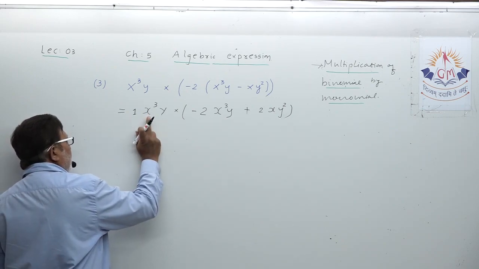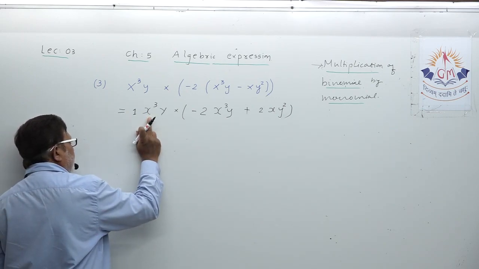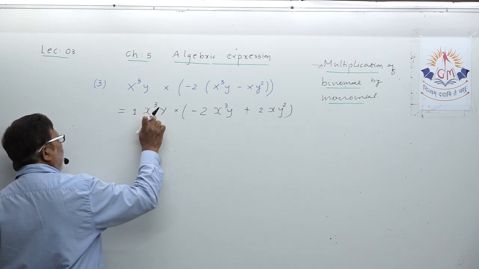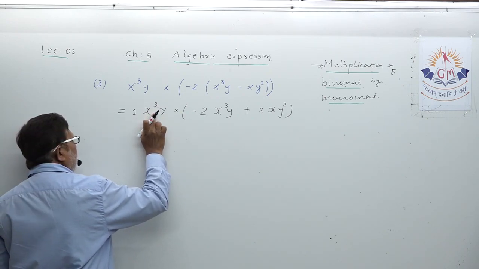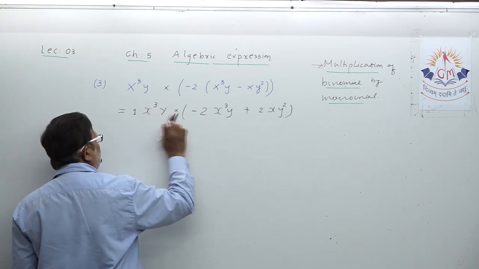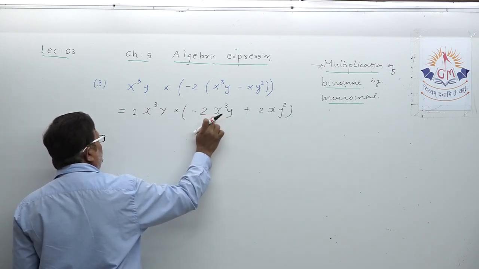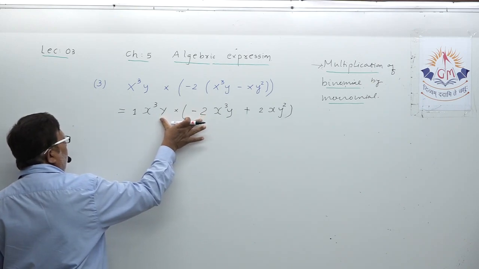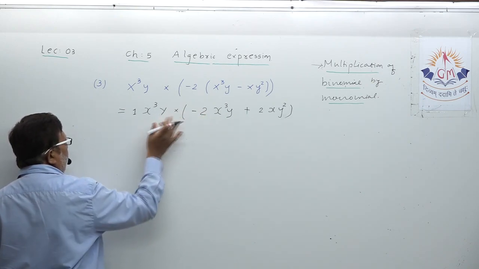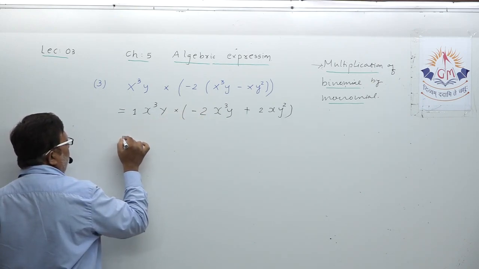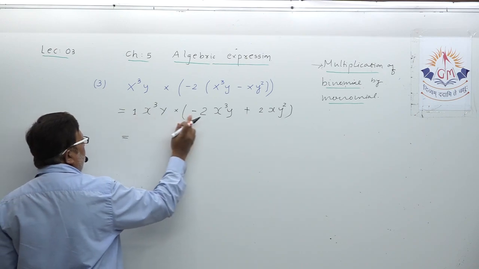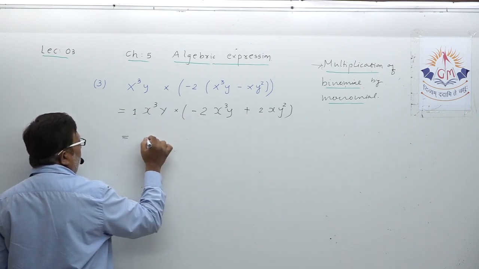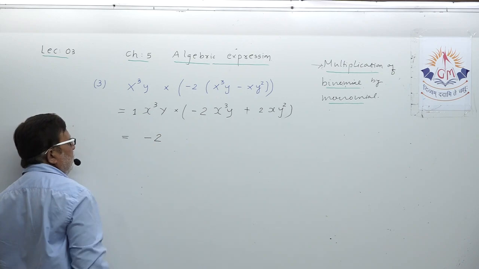Now dear student, first I will multiply this monomial with the first term of this binomial directly. Be very conscious. Number multiplication, can you say 1 into minus 2, it will be minus 2.